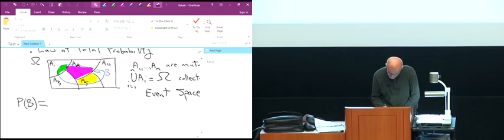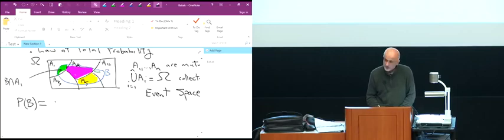So B intersect A1. That would be right here, the green. This is B intersect A1. Okay?